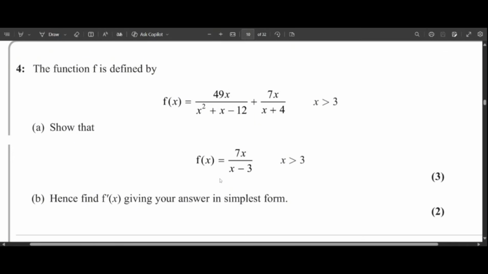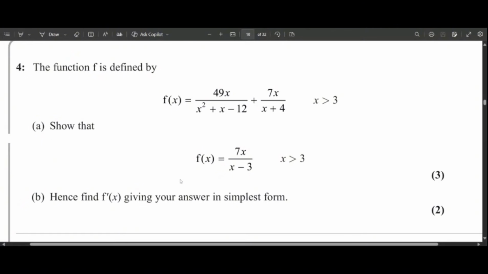What we can notice here is that the final expression that we need to derive is much simpler than our original function f(x). This means that we have to simplify this expression. We have to simplify and factorize, and do whatever we need to do to simplify it. We can also notice that the final expression is a single fraction. What this means is that we have to combine the fractions to achieve this result.